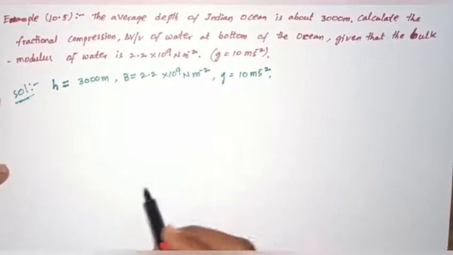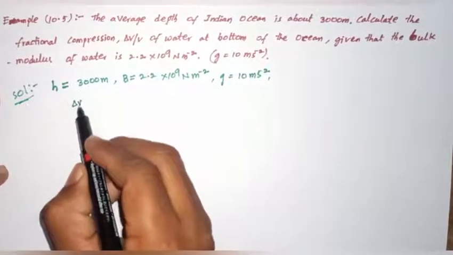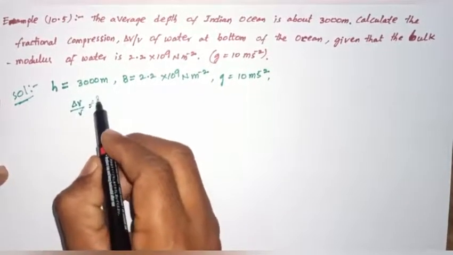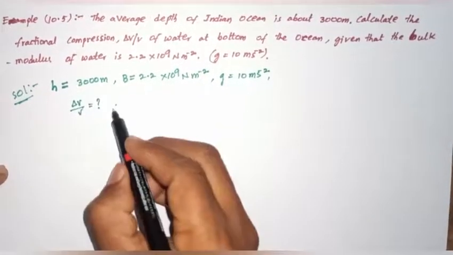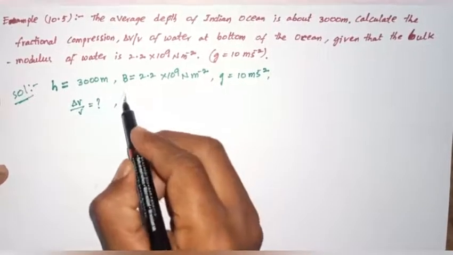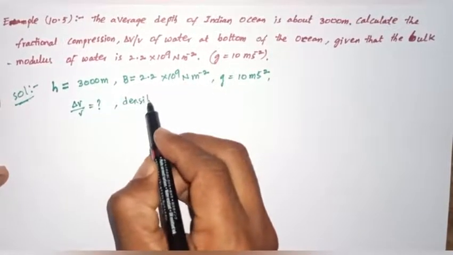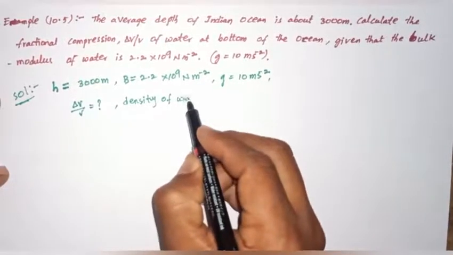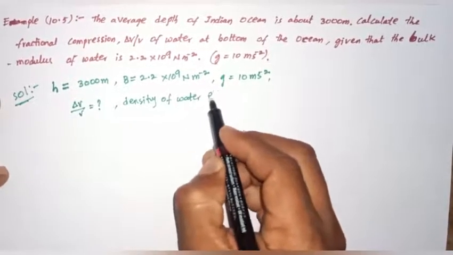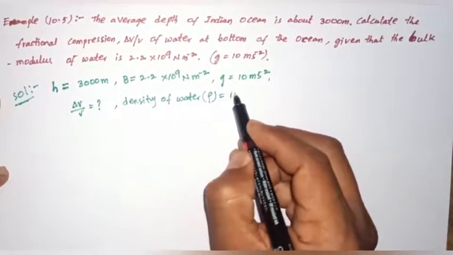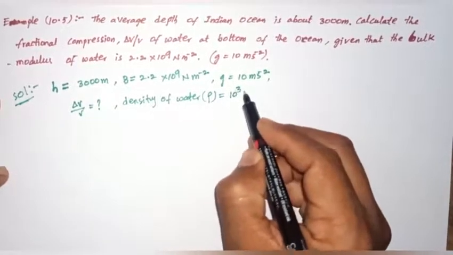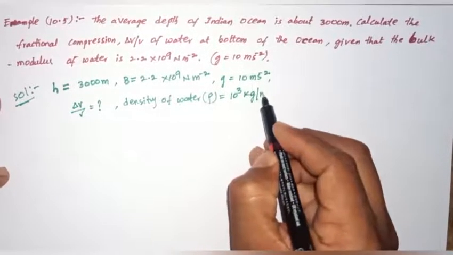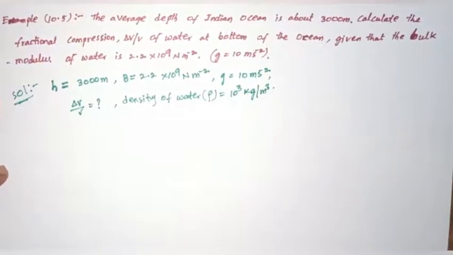Then we can find out delta V by V. Here the density of water is rho equals 10 power 3 kilogram per meter cube.